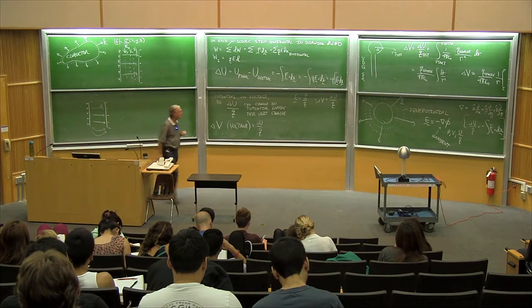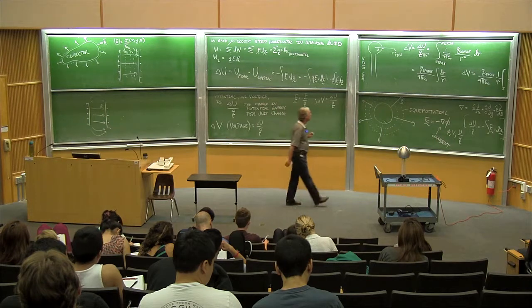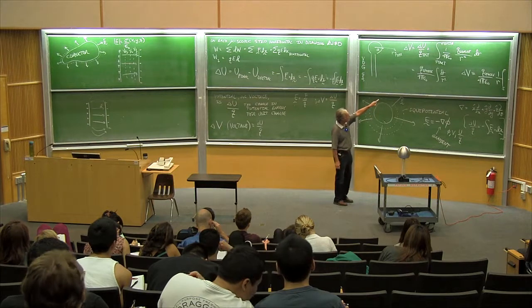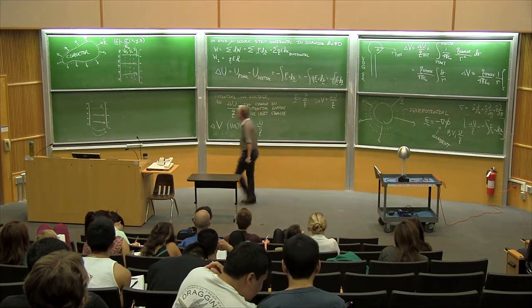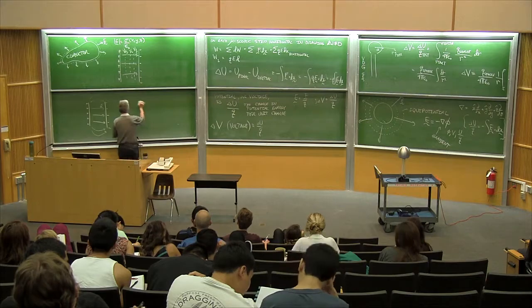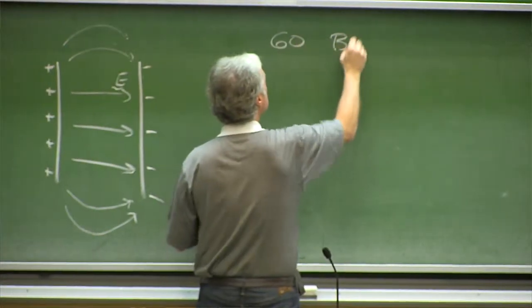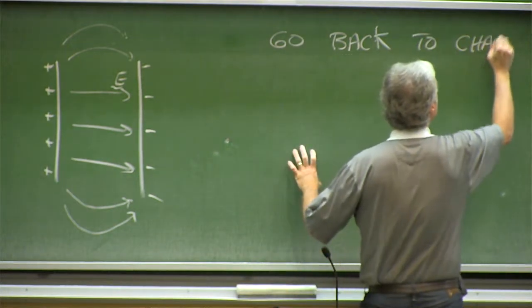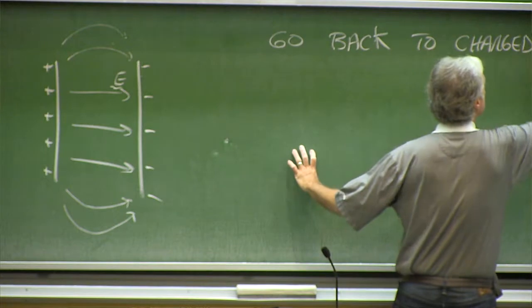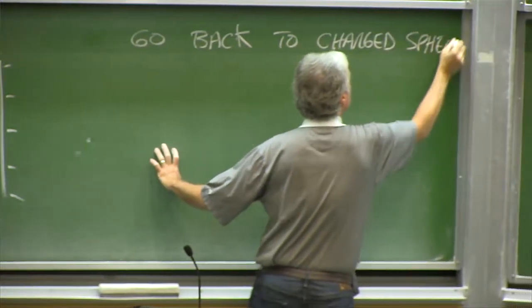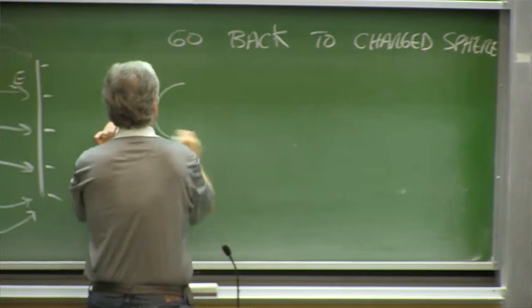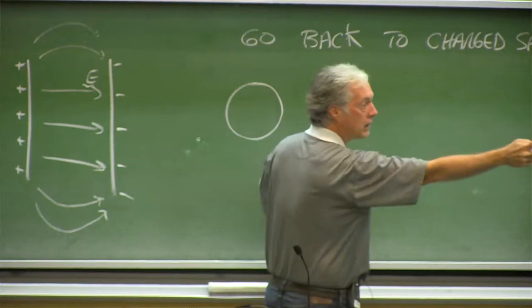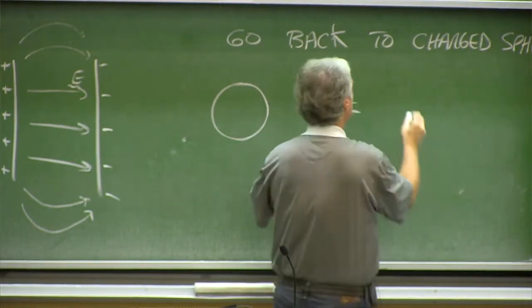Okay, let's think back to one last topical element. We have this sphere up here. Let's go back to the charged sphere. We see that the voltage on the sphere is, let's see, where's our equation up there?